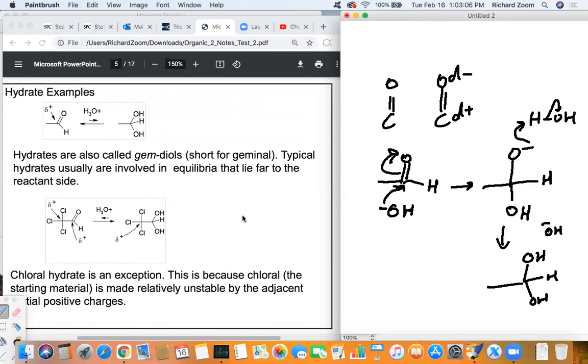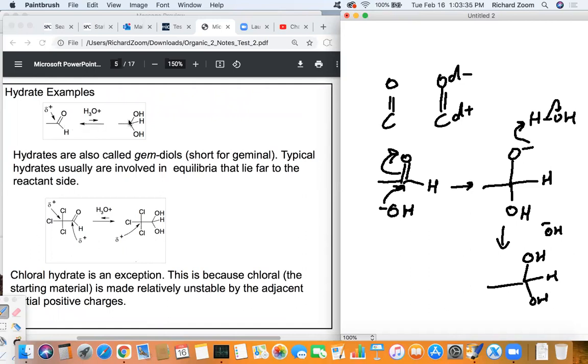So these are the hydrate examples that I was just talking about. We've got the first one here, which was using H2O and H plus or H3O plus. I showed you also that the C that's on the C double bond O will have what amounts to a partial positive charge on it. You'll see though that when we look at the equilibrium arrows here, the equilibrium arrows go mainly back to the reactant.